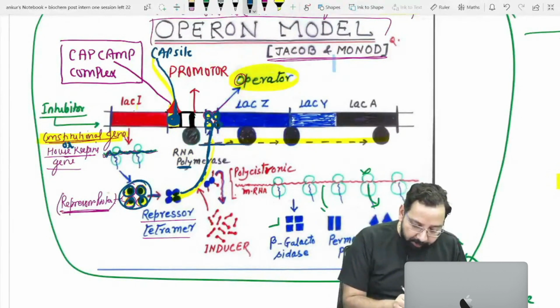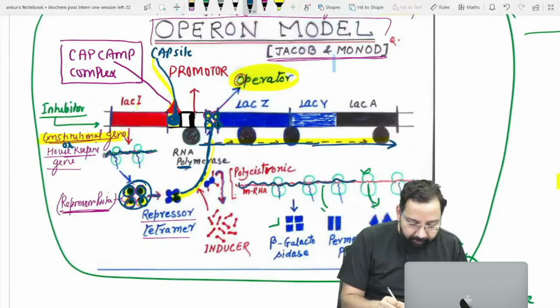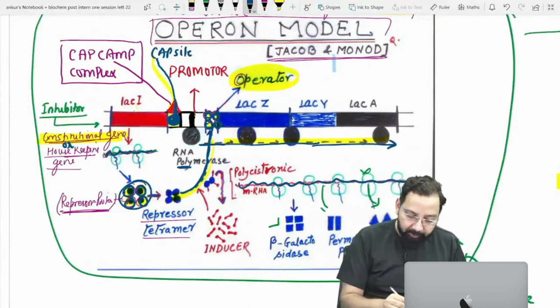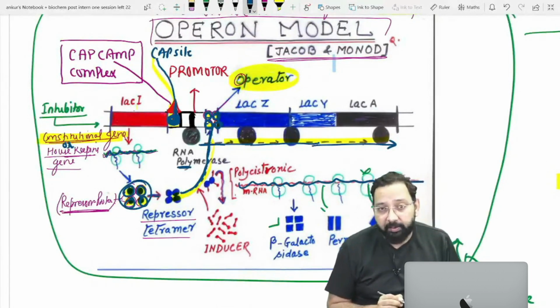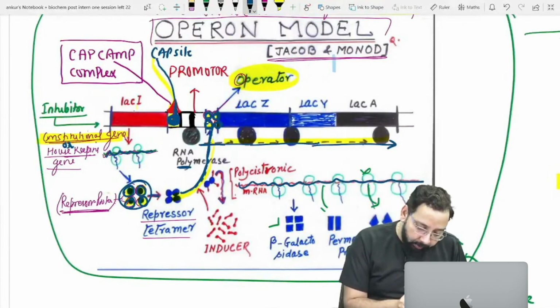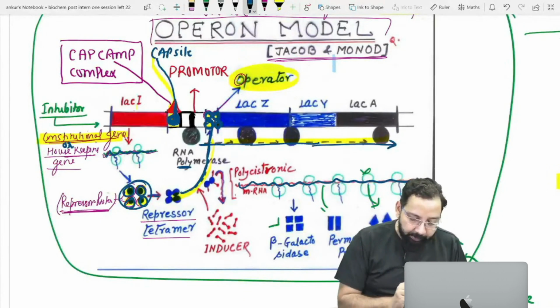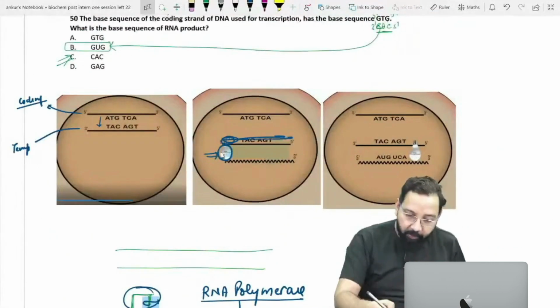RNA polymerase wants to synthesize this messenger RNA but can't. Why can't it synthesize? Because this operator region is attached with the repressor tetramer. I told you it slides over it.